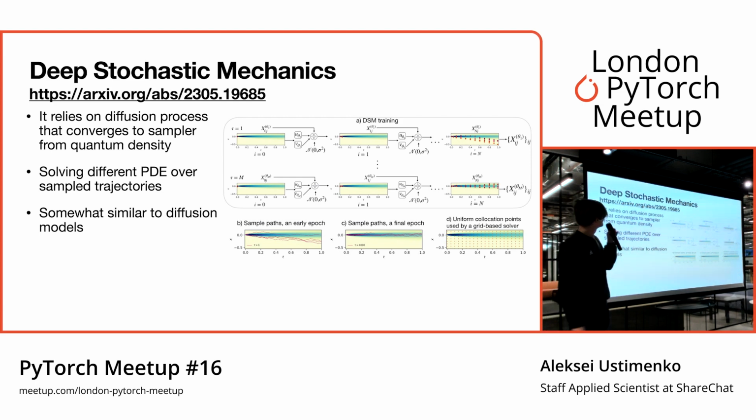Oh, okay. So I'll talk just briefly about a paper that I wrote with my co-authors. That paper had a fancy name, Deep Stochastic Mechanics. And that's a nice picture of what we do in the paper. Essentially, instead of trying to learn a neural network for the wave function, we try to learn a diffusion model that samples from a wave function.